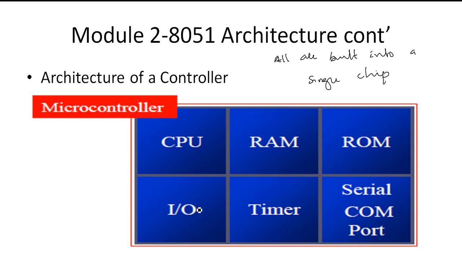There will be some IO ports, some timers, and serial COM ports, etc. within the microcontroller. The availability of RAM, ROM and IO ports varies from microcontroller to microcontroller, so the designer has the freedom to select his own microcontroller according to his requirement. So that is the architectural difference between a microcontroller and a microprocessor.